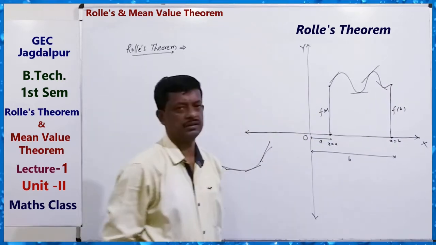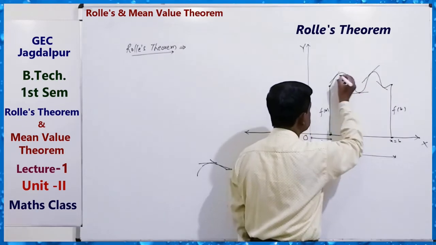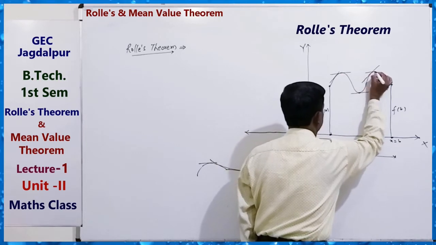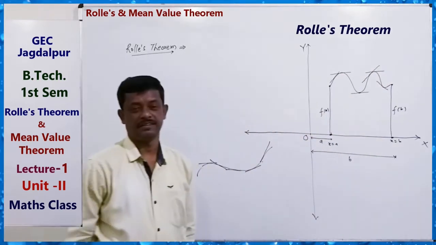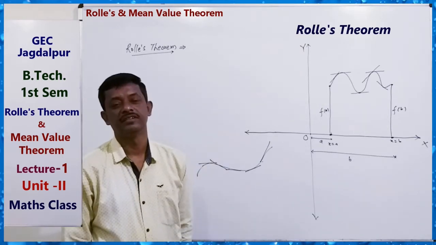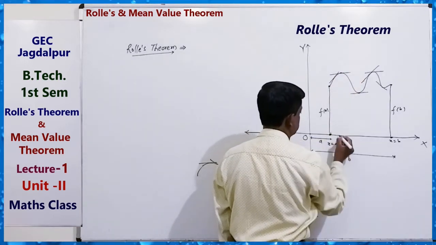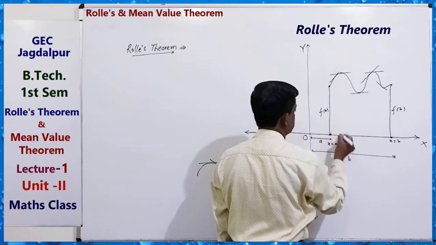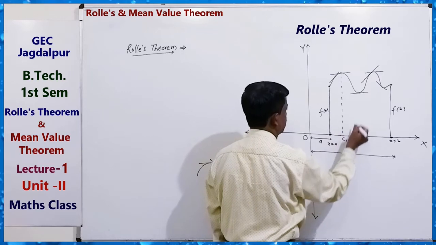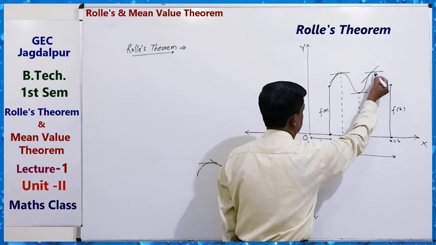You can draw a tangent at each point, but there exists some point at which the tangent will be parallel to the x-axis. Suppose this is point C1. This is the point corresponding to C1. This is C2.